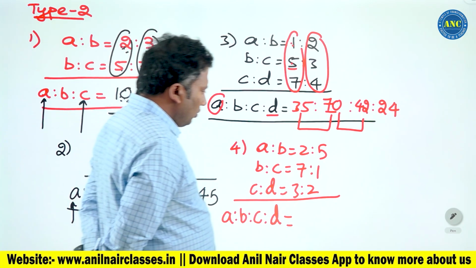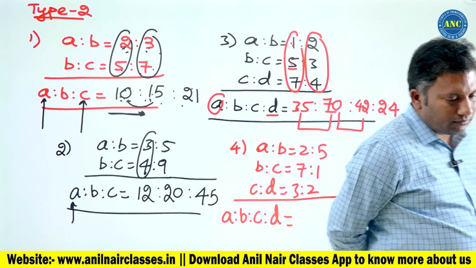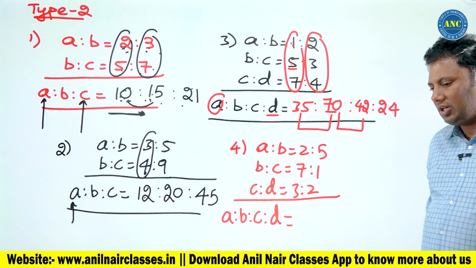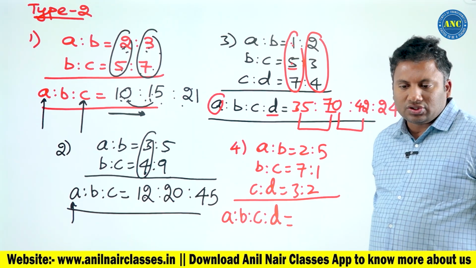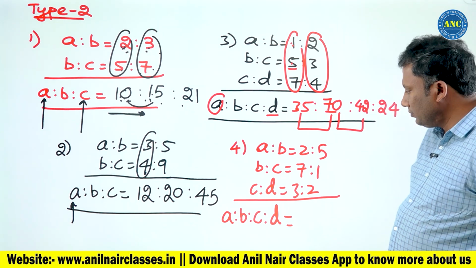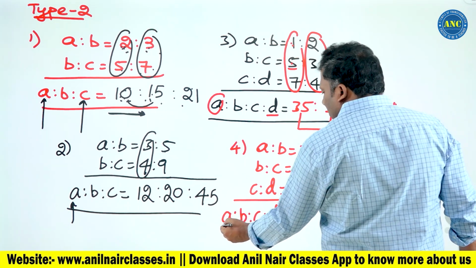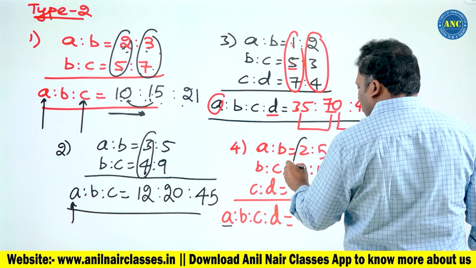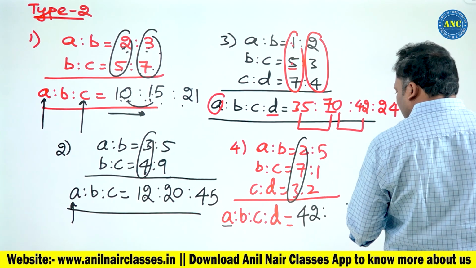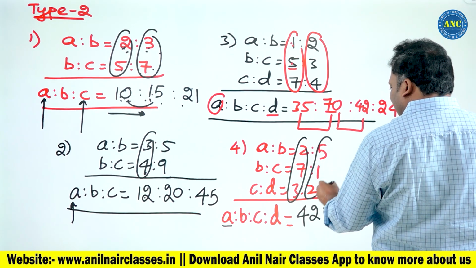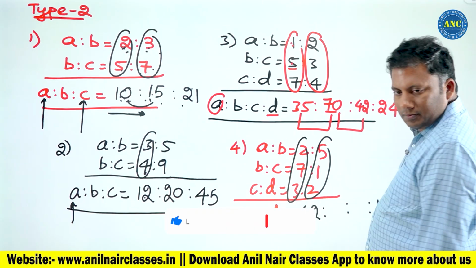A is to B, 2 is to 5. B is to C, 7 is to 1. A is to B is to C is to D. Sir, it's 42 is to 105 is to 15 is to 10. A, first value: 2 7s are 14, 14 3s are 42. D: 5 1s are 5, 5 2s are 10.